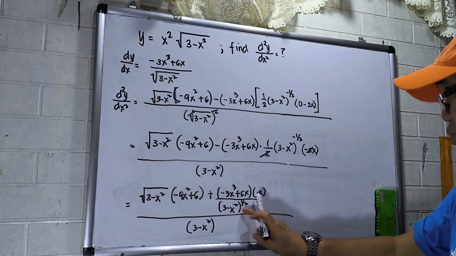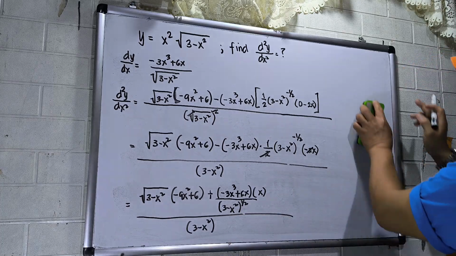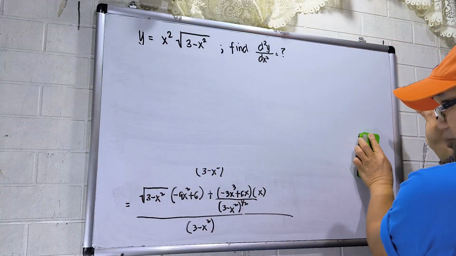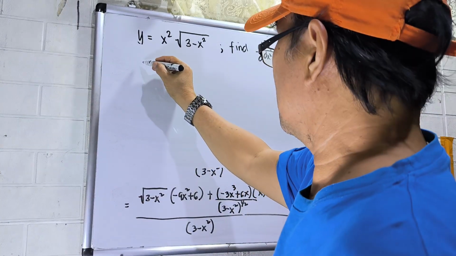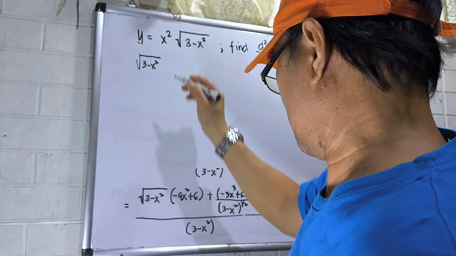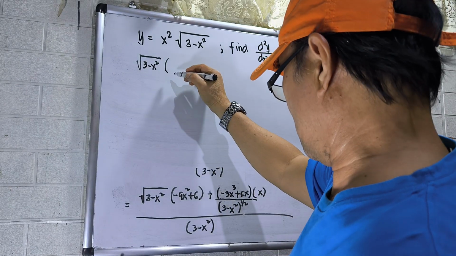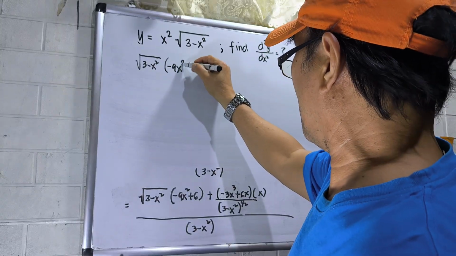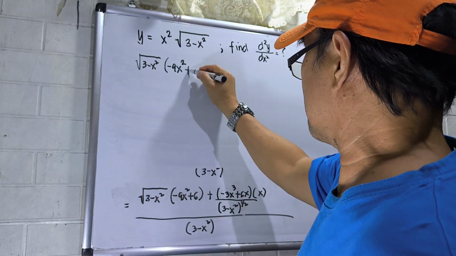Then I will write this one in radical form. So allow me to erase at the top. So this will be square root of 3 minus x squared, then circle brackets, negative 9x squared plus 6.